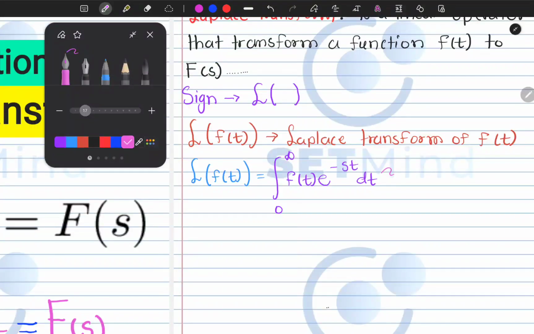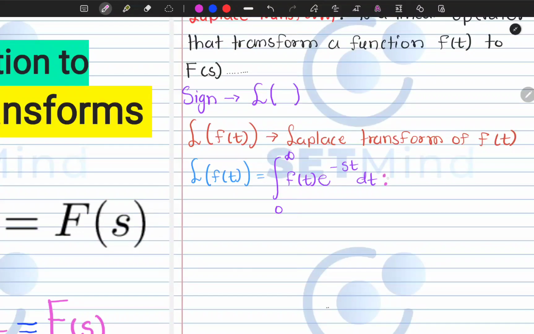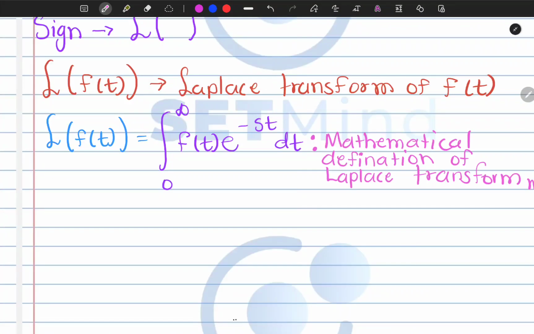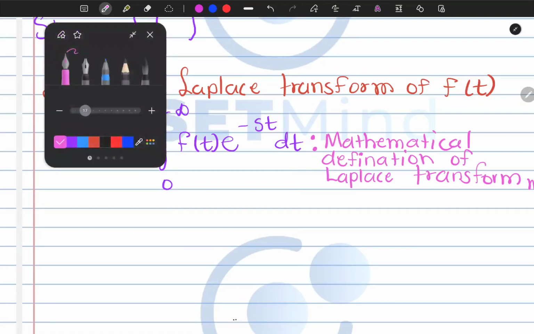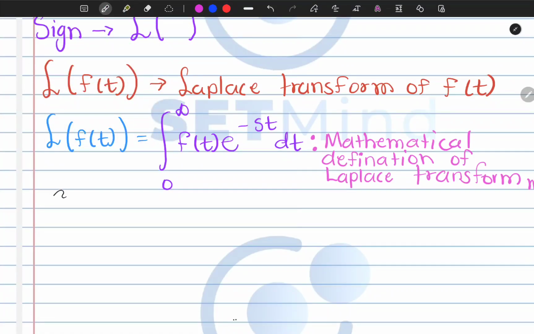This is the mathematical definition of the Laplace transform. And as previously mentioned, the Laplace transform of f of t can be written as F of s.